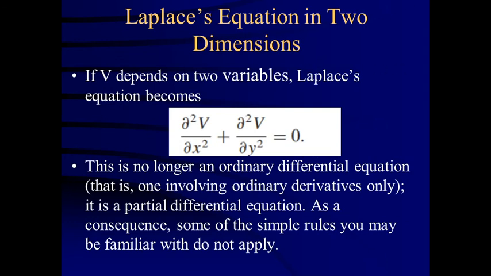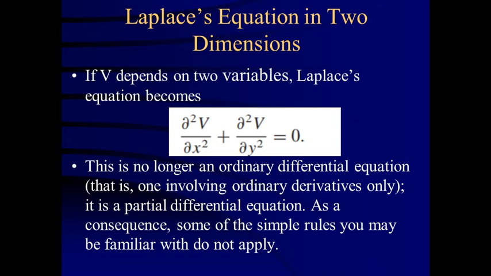Laplace equation in two dimensions. If the potential V depends upon the two coordinates, the Laplace equation becomes del square V upon del x square plus del square V upon del y square is equal to 0. This is no longer an ordinary differential equation, one involving ordinary derivatives only. It is a partial differential equation. Consequently, some of the simple rules you may know cannot be applied.